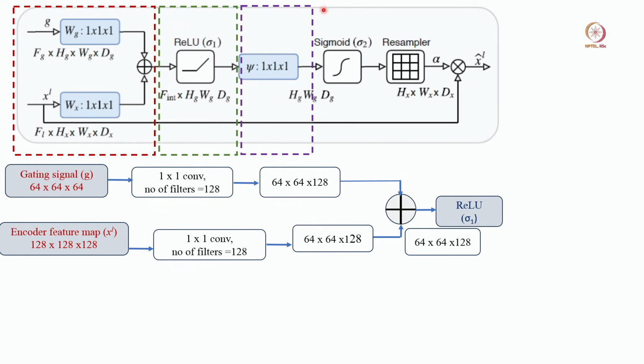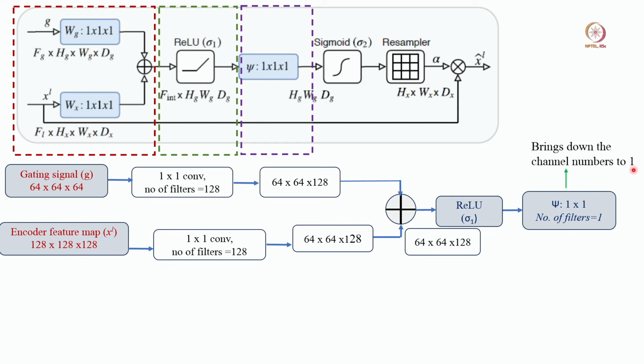And then we come to this block, which is again a 1 cross 1 convolution with the number of filters being 1, and here it brings down the channel number to 1. So we have only 64 cross 64 cross 1 here.